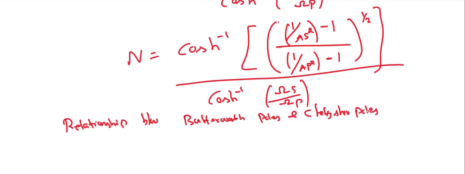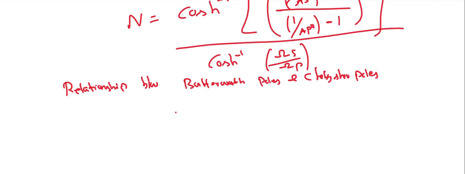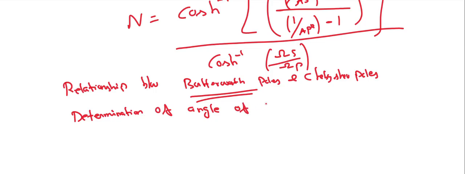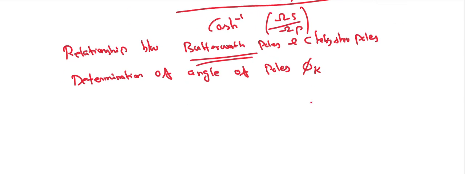How are the Butterworth poles located, and how is the angle of the poles determined? Once we know the Butterworth poles, there is a geometrical relationship.